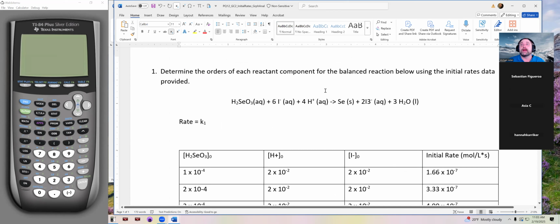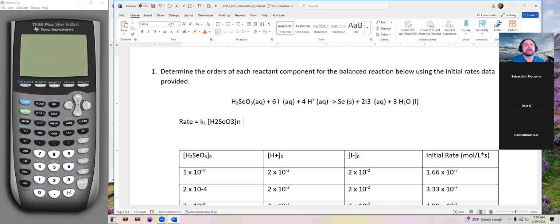Sometimes we'll see reaction A and reaction B. And then we're going to have our molarity of each reactant, and they're all going to be raised to a certain power. And that power we said was the order.